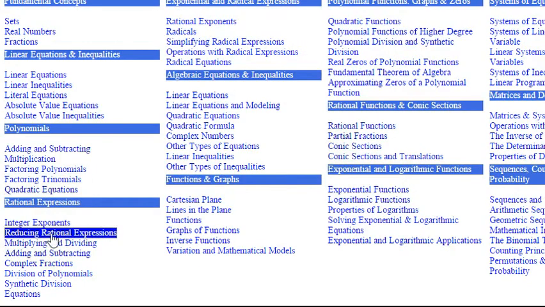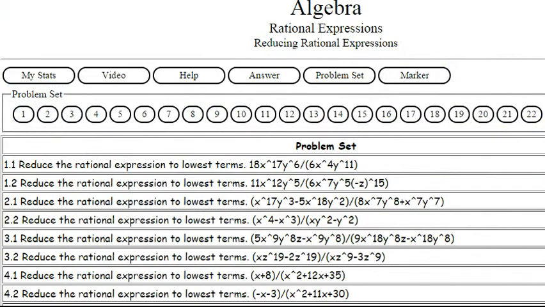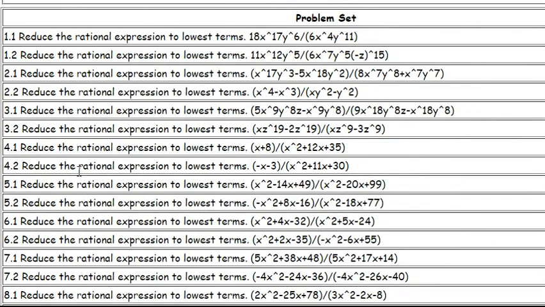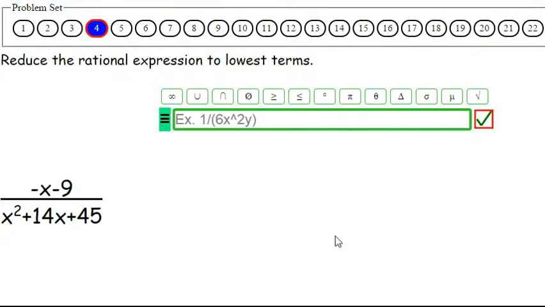Click on the algebra. Let's go down to reducing rational expressions. We're looking at 4.2, it looks like. We have negative x minus 9 over x squared plus 14x plus 45.